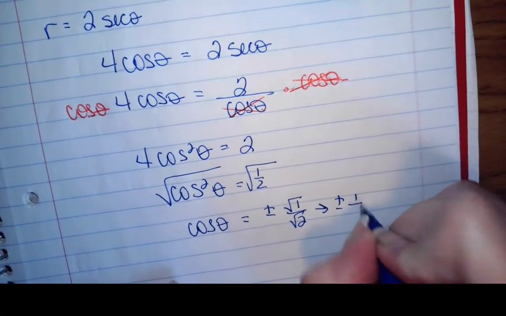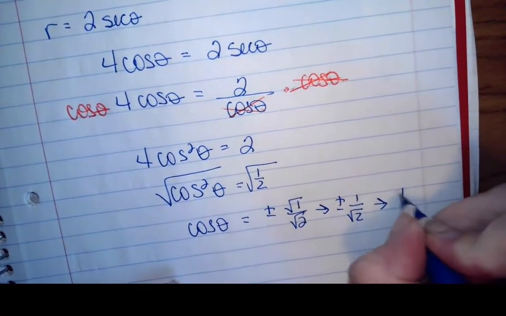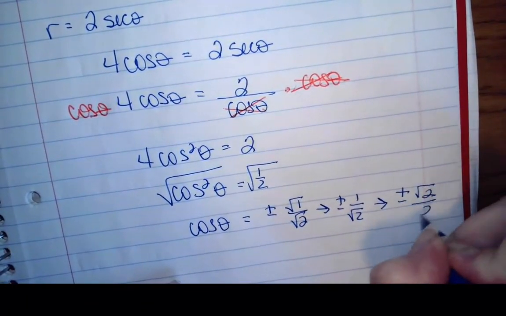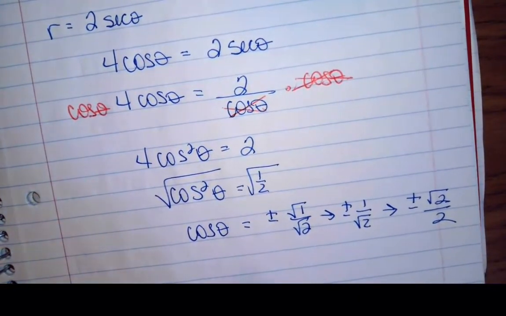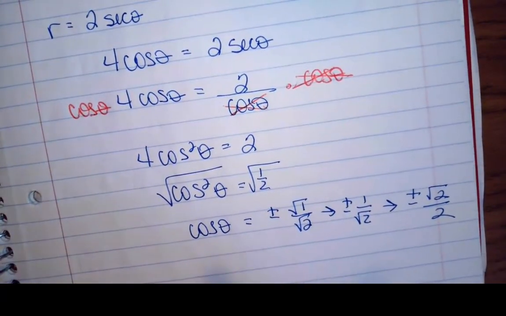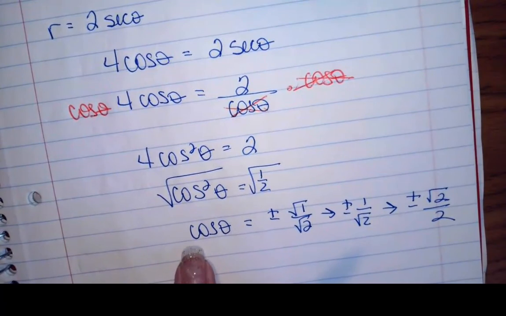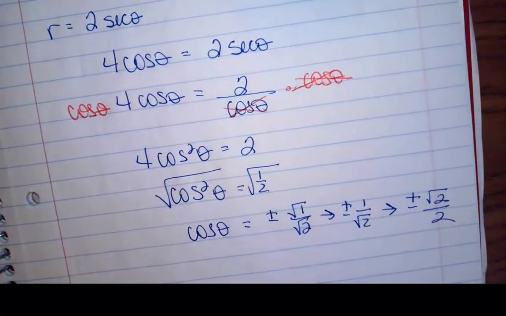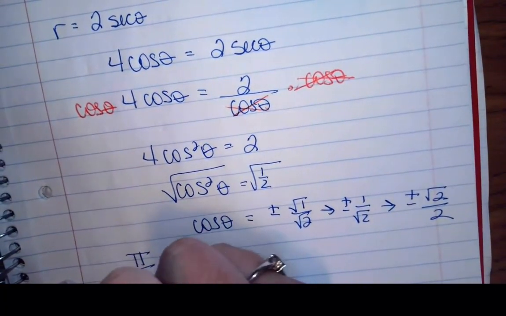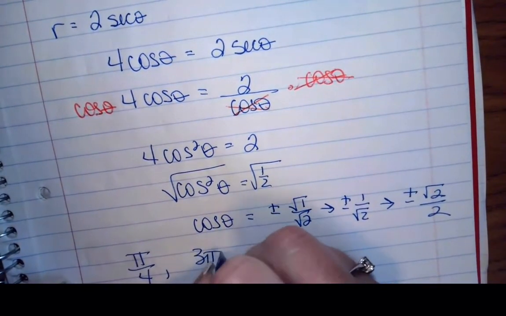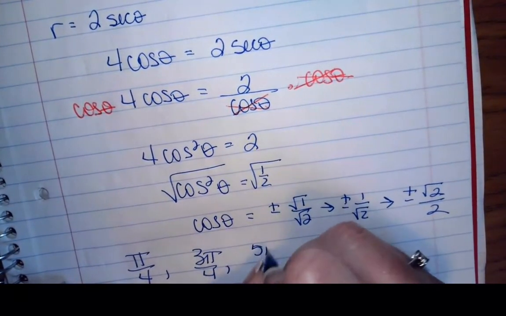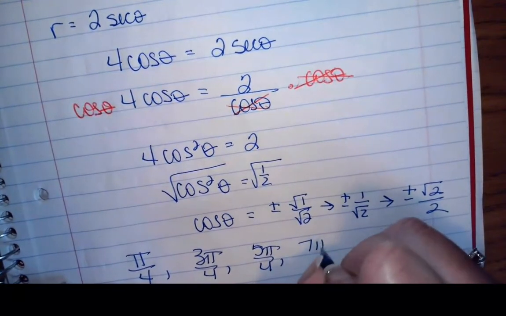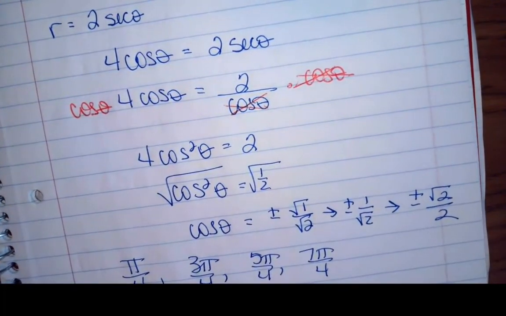So it's plus or minus 1 over root 2, so now it's plus or minus root 2 over 2. There are 4 places where this is true in one lap of the unit circle: pi over 4, 3 pi over 4, 5 pi over 4, and 7 pi over 4.